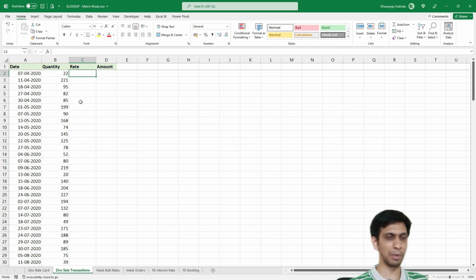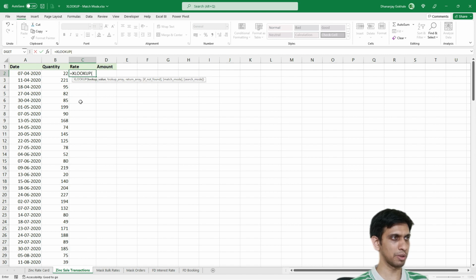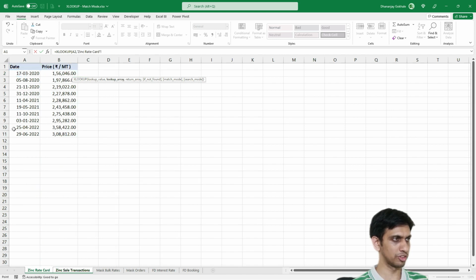Likewise, I can apply the same XLOOKUP here. This time for the date: is equal to XLOOKUP, find this date, comma, so search for this date in the A column, comma, and return the value from the B column.